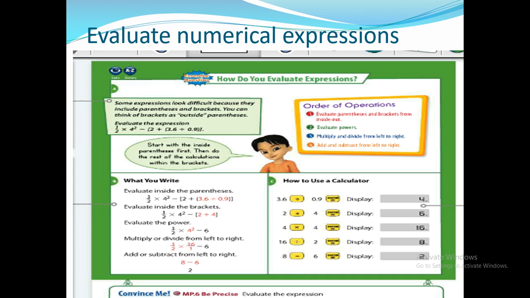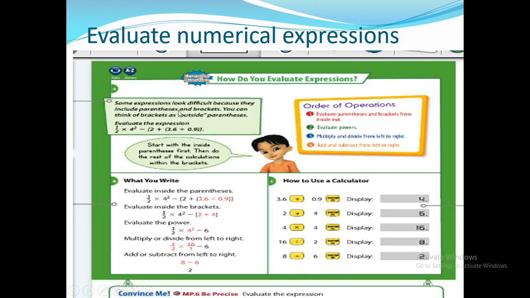We can summarize all of these operations in one word: PEMDAS or BIDMAS. P for parentheses, E for exponent, M for multiplication, D for division, A for addition, and S for subtraction.